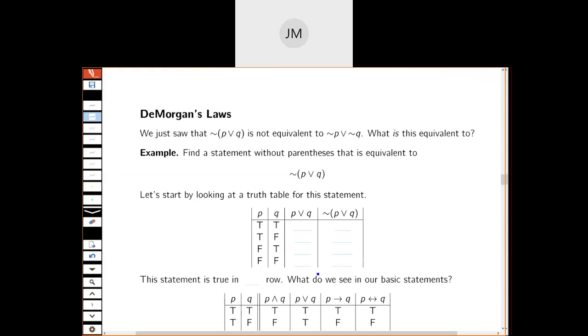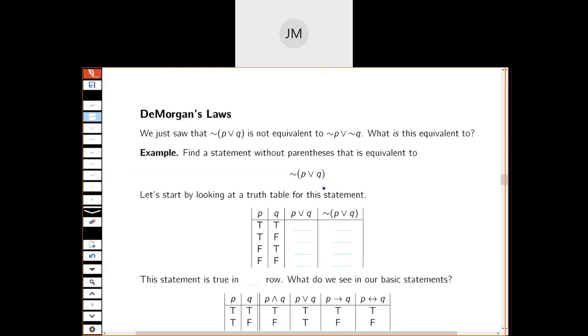So when we looked at the negation of P or Q, we saw it's not equivalent to not P or not Q. So what is it equivalent to? What we want to do is find a statement that doesn't include any parentheses that's equivalent to not (P or Q).